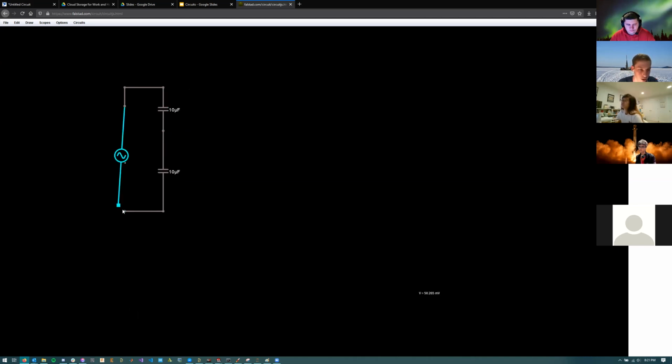So it's the same equation as for resistors in parallel, however, for capacitors in series.